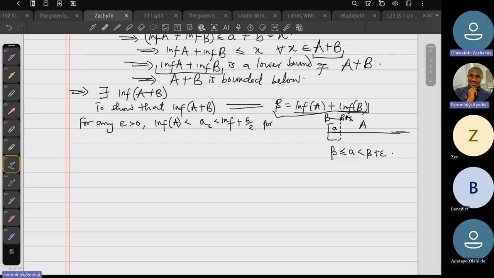For some A epsilon in A. You will soon see why I'm using epsilon over 2: I want to add them together.